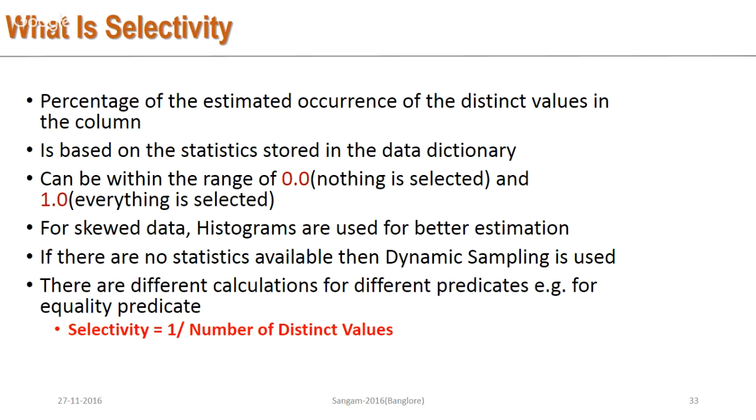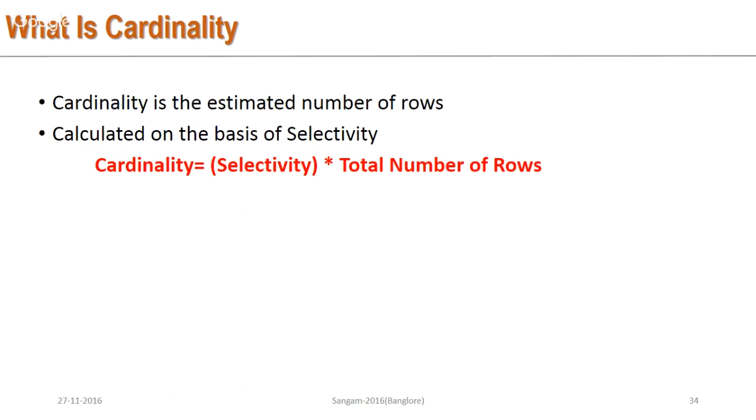Now, this is just an estimation of what we're expecting from the table, but the number of rows you are expecting comes from the cardinality. So the cardinality is the selectivity times the total number of rows, which means it is the number of rows you're expecting the query to actually find.